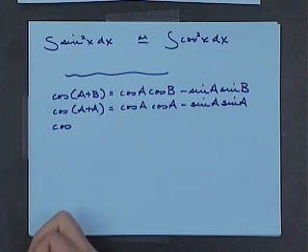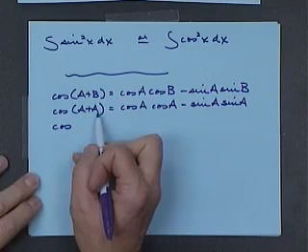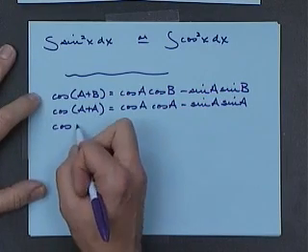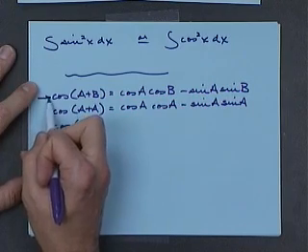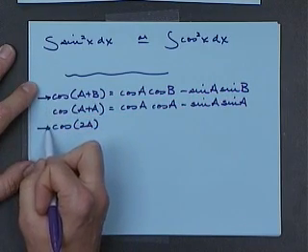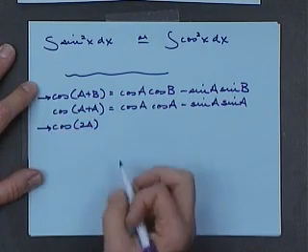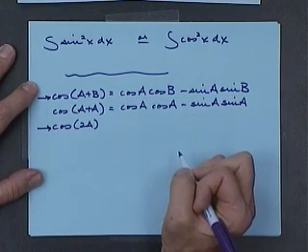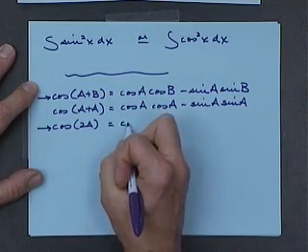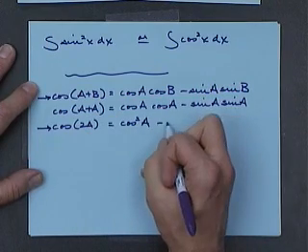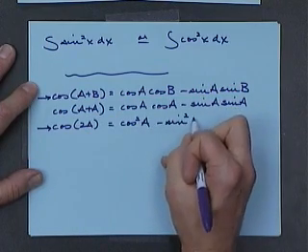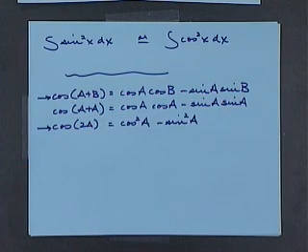So let's rewrite what we have in that statement, where I replaced B with A. A plus A is really what? 2A. So this was a sum and difference formula. Now it is becoming a double angle formula. Cosine A times cosine A, cosine squared A, minus sine A times sine A, sine squared of A. So there's the cosine double angle identity.